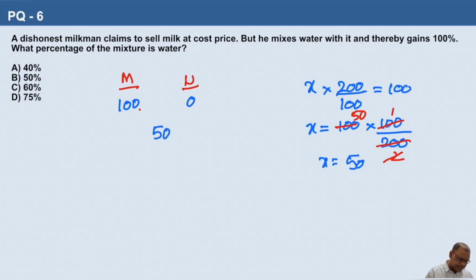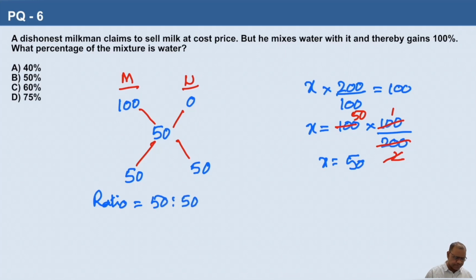So let us find the difference. 50 minus 0 is 50. 100 minus 50 is 50. So what is the ratio? Ratio of milk and water is 50 is to 50. This is 1:1. He is asking us what percentage of the mixture is water.